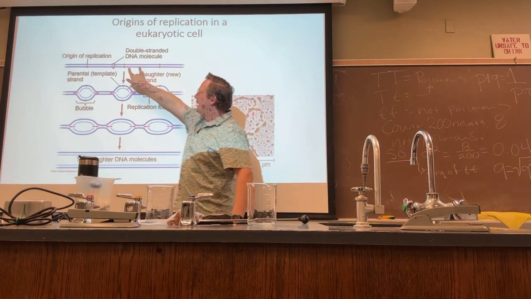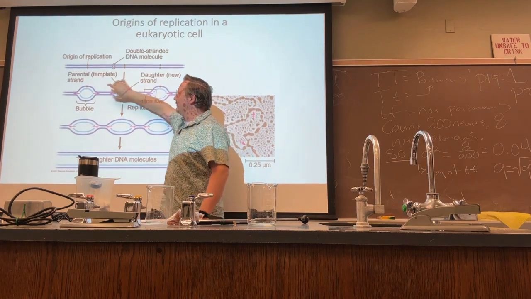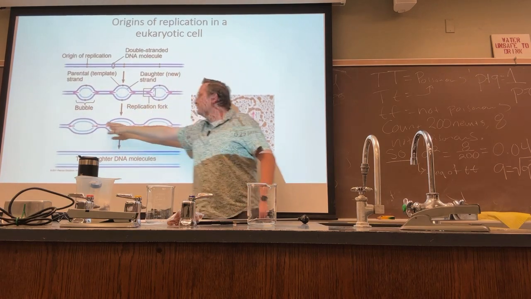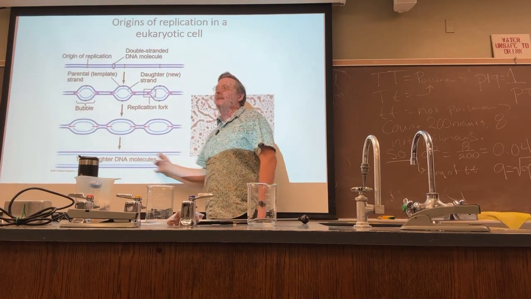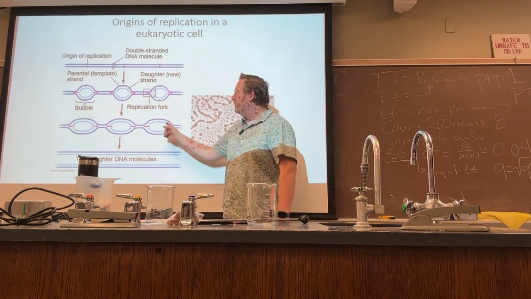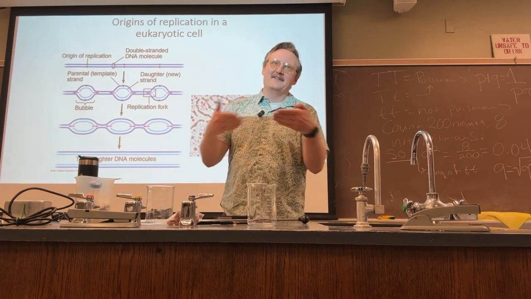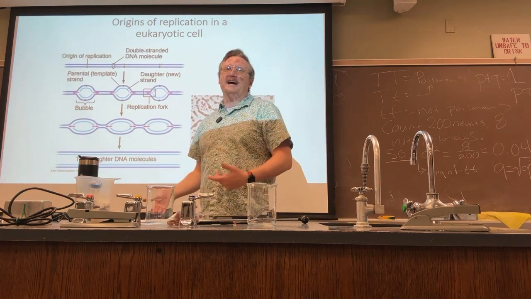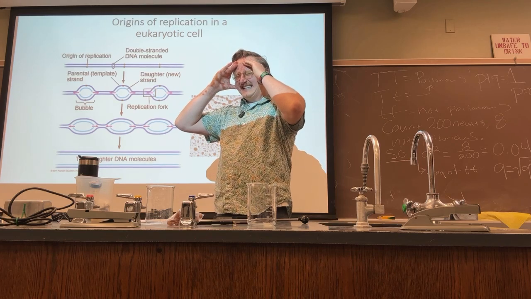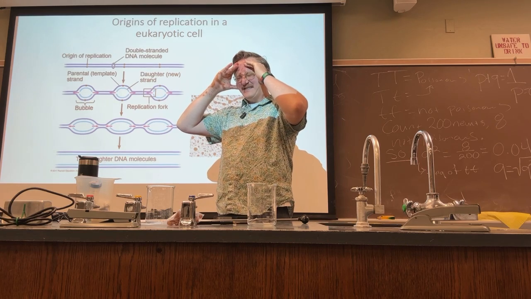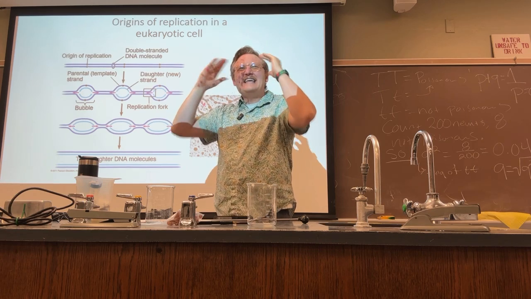Look at how we got the parental DNA strands, and they separated at a bunch of different points, and new strands are generating. So you don't have to chop up the parental DNA, but this new DNA has got to get sewn together. And that's going to be an important aspect with DNA polymerase and DNA ligase.